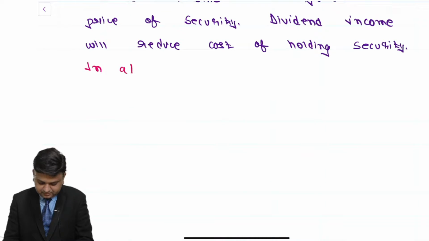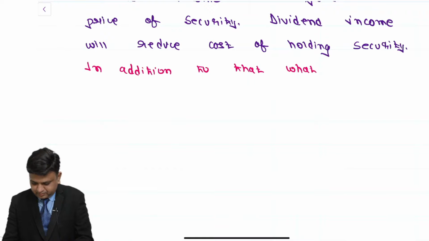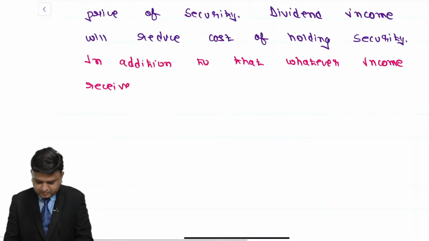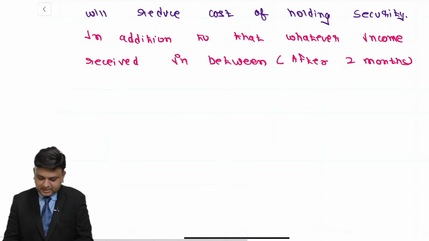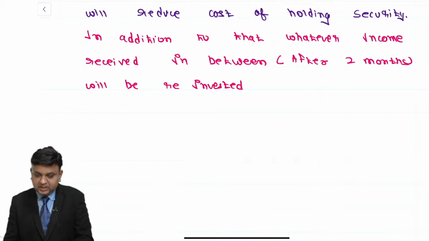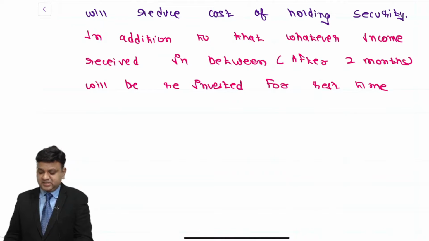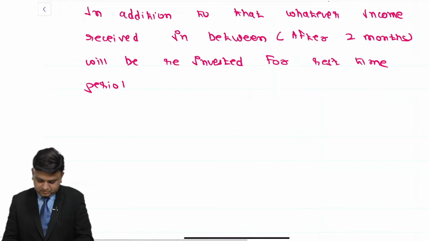Dividend income will reduce cost of holding security. In addition to that, whatever income received in between, in bracket I am writing after 2 months, will be reinvested for rest time period, that is 10 months.